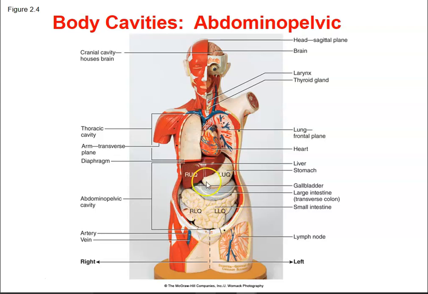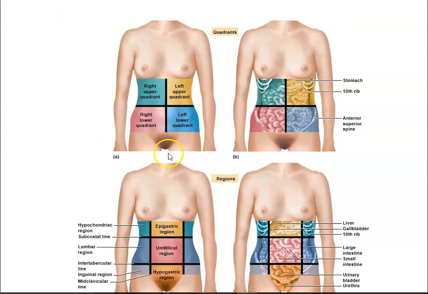So there are 4 quadrants here, and there are different organs within each quadrant. The purpose of this is to make it easy for doctors to examine patients and to be precise about which region their organs are having problems.